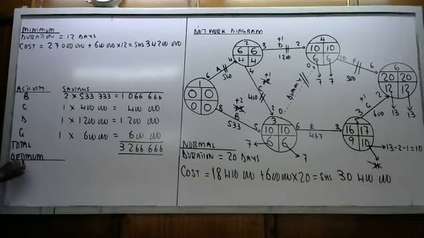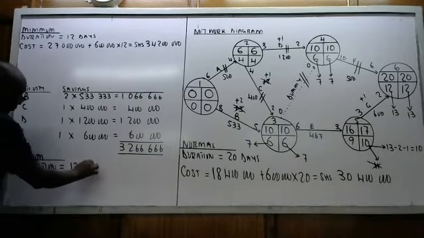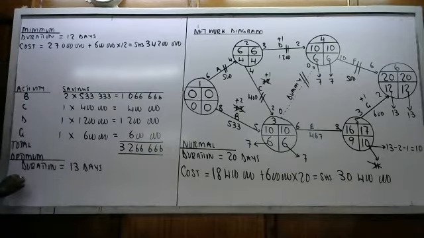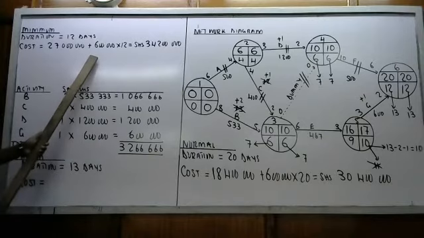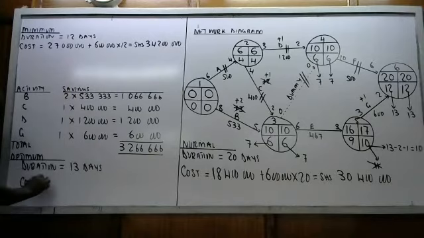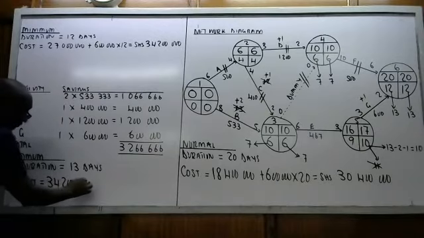So we will say duration is 13 days. And then the cost will be this crash cost of 34,200,000.